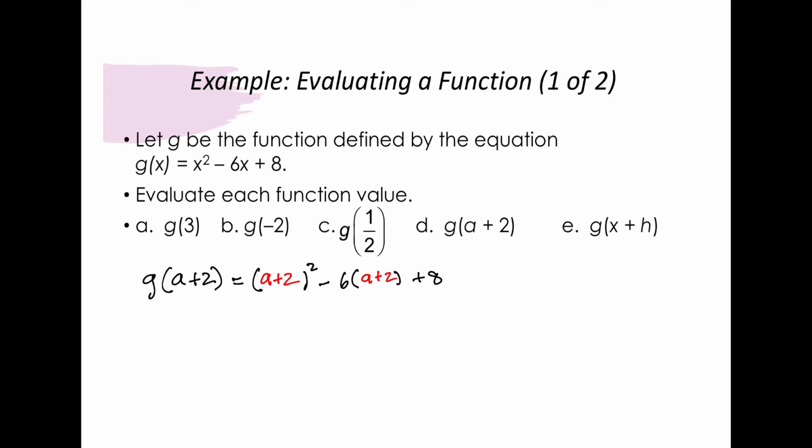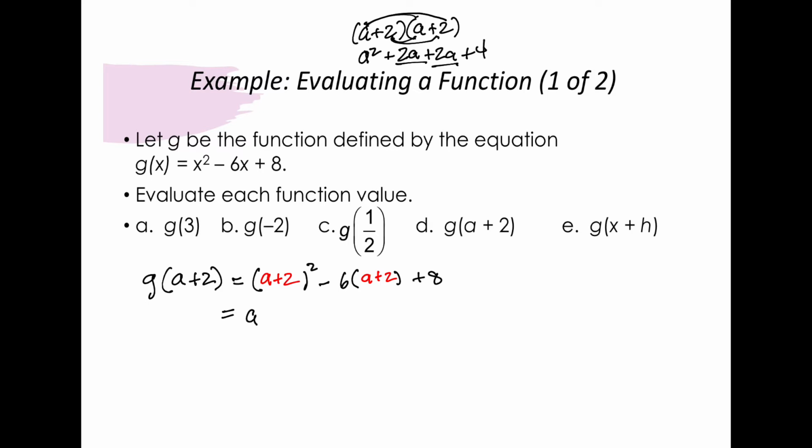So now we need to do some algebra here in expanding this a plus 2 out. So a plus 2, I'm going to do this up here, times itself, a plus 2. That's a times a, or a squared, and then a times 2, which is, they're both positive, so 2a. Then we have another 2a, and then we have 2 times 2, which is 4. These two combine together to give me 4a.